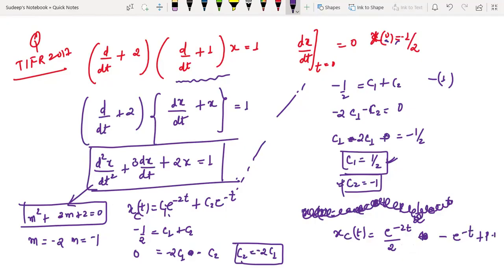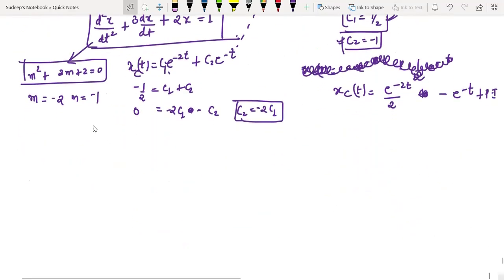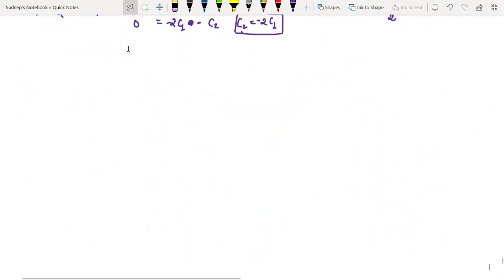Now there would be some particular integral as well. So what is that particular integral? You just find it on your own. So simply you have to take this one. So your function remains, let's just write it this way: d square plus 3d plus 2.